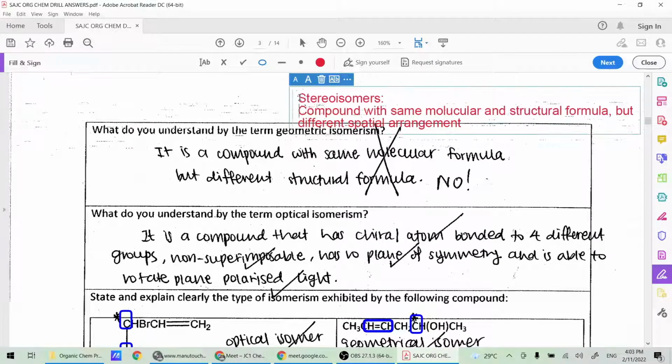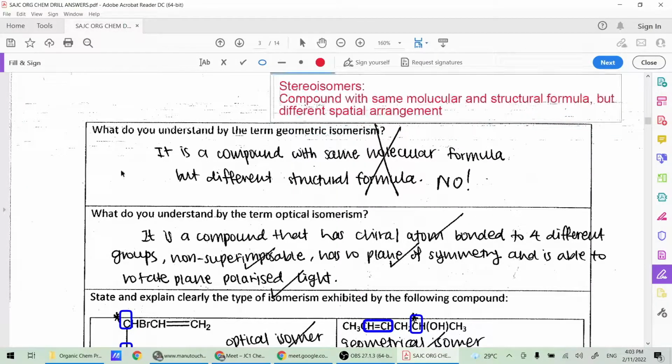Stereoisomers is the same as geometric isomers. Okay, remove that. Good.